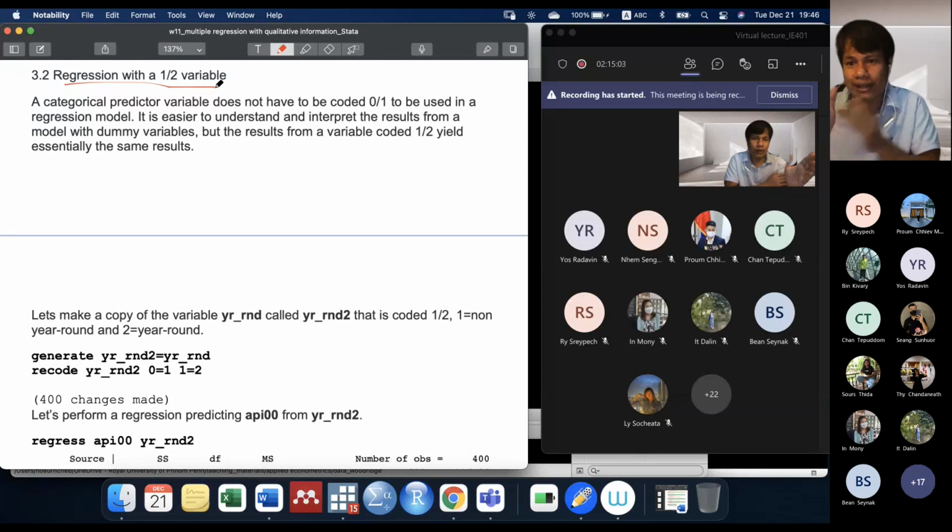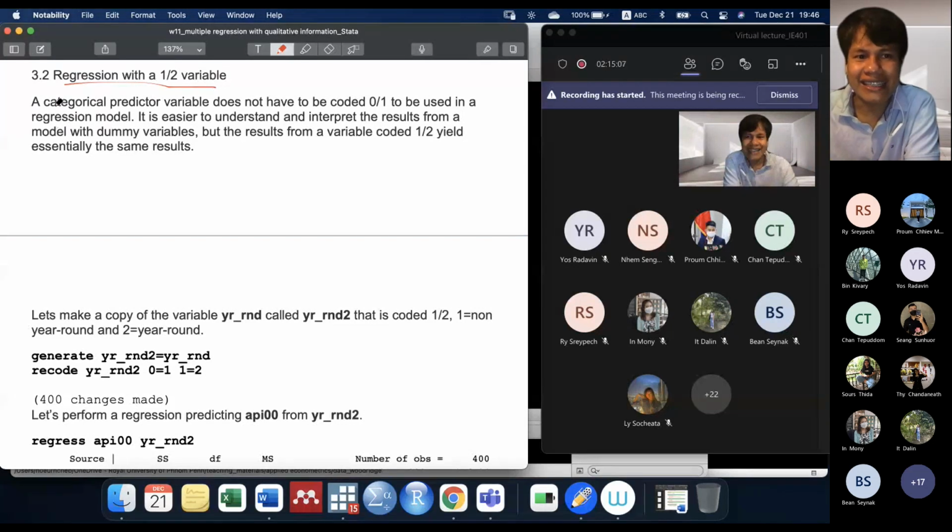So now let's change from 0, 1 to 1, 2. A categorical predictor variable does not have to be coded 0, 1 to be used in the regression model. It is easier to understand and interpret the result from a model with a dummy variable, but the result from a variable coded 1, 2 yields essentially the same result.